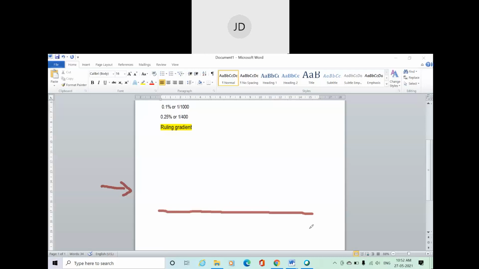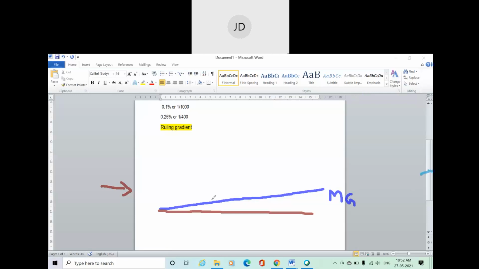We already discussed the minimum gradient, which is a little higher than the natural ground surface. Suppose this is your minimum or standard gradient.